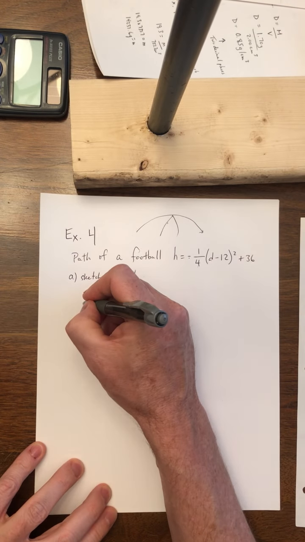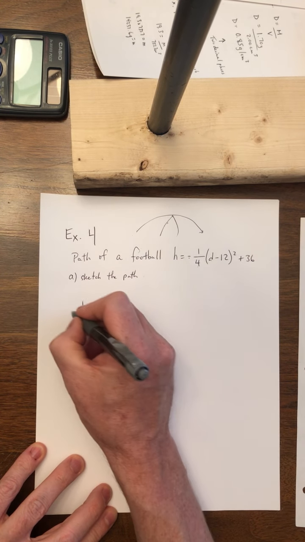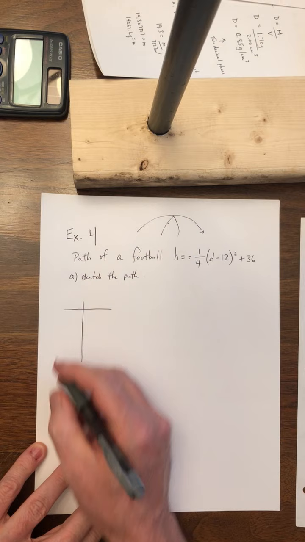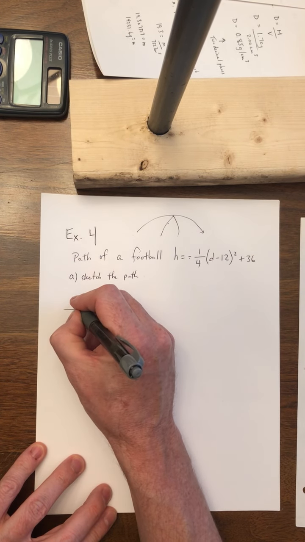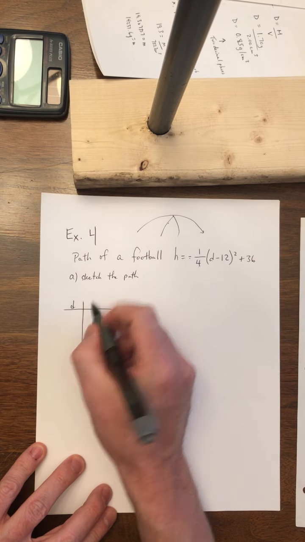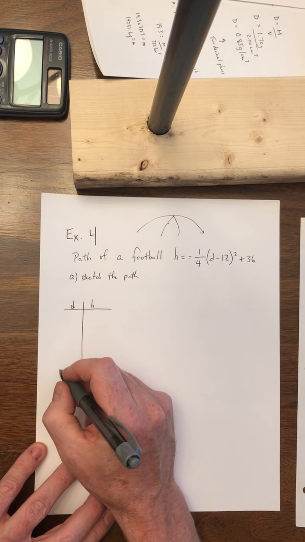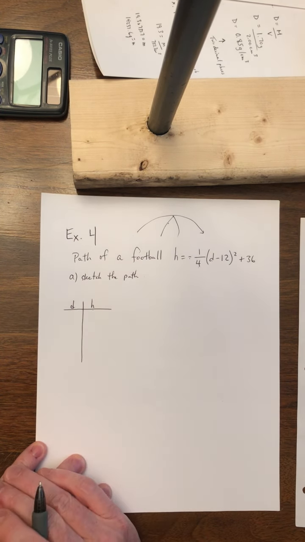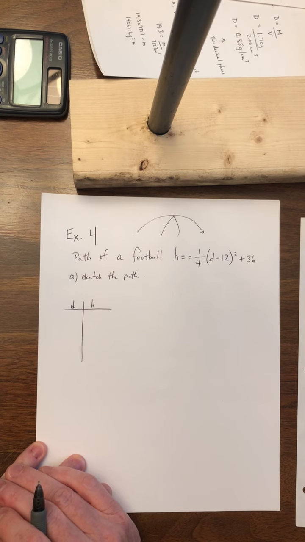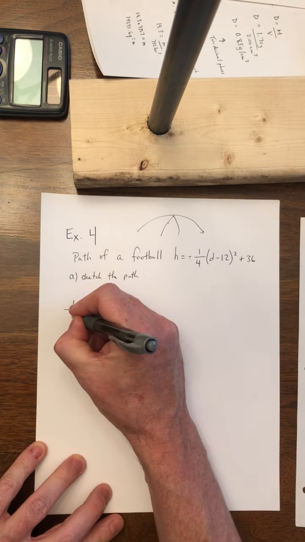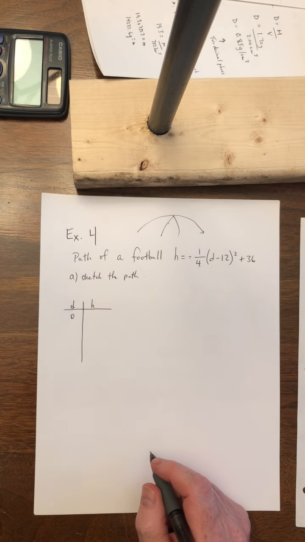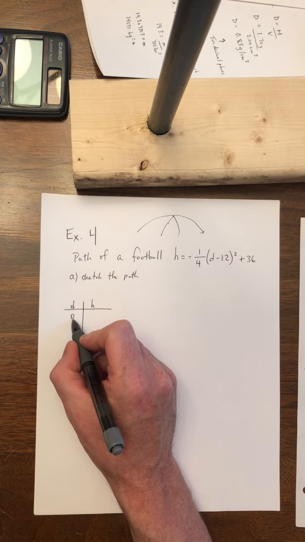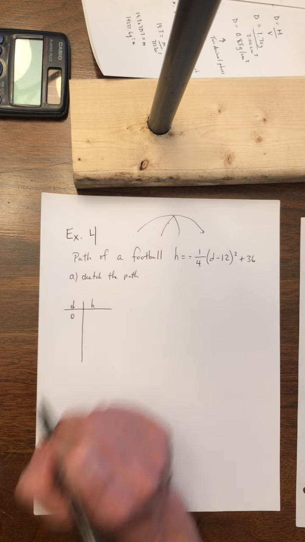one thing that we can do, and we haven't spent a lot of time doing this, is our t-table. So we have on our x side here, that's our distance, and on our y side would be our height. Now, zero is always a great place to begin. So at 0, what would the height be?